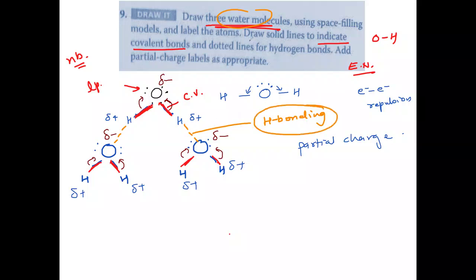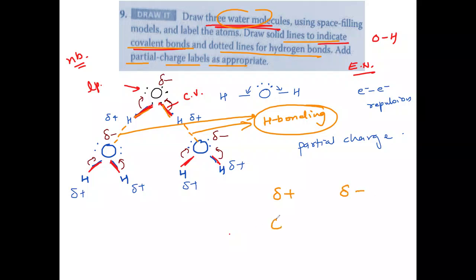Now we have drawn this, then we have drawn two solid lines, O-H and O-H, which show covalent bonds. The dotted lines are for hydrogen bonds, and then add partial charge labels as appropriate. So what is your partial charge? Delta positive and delta negative.